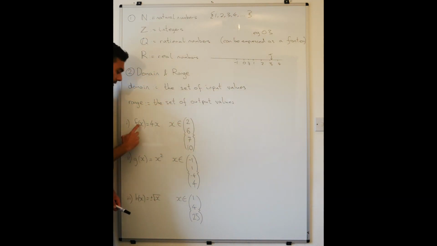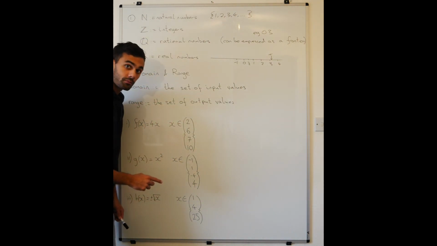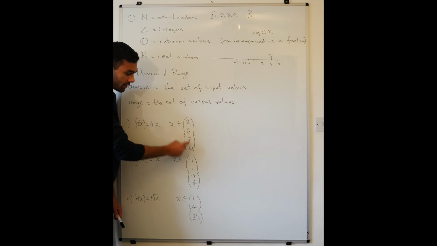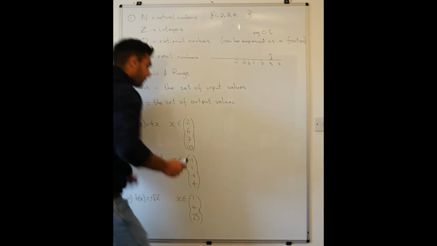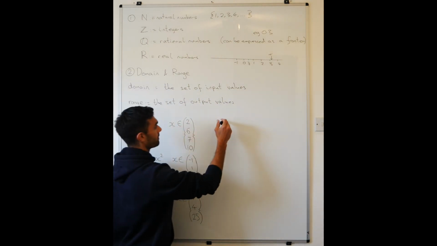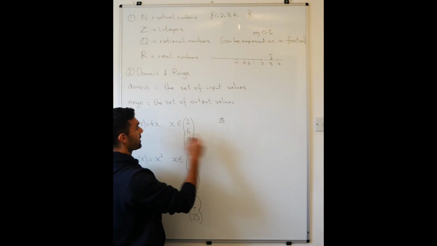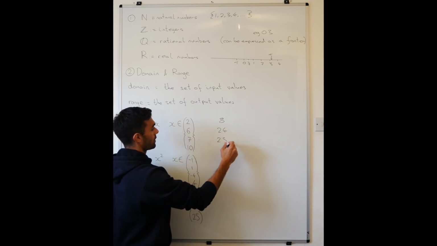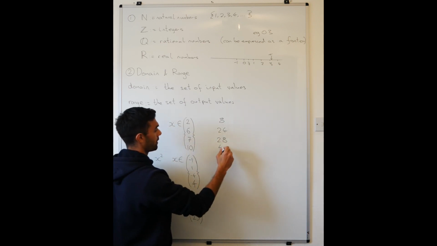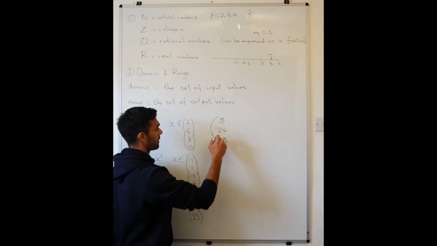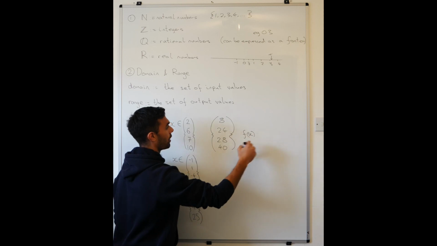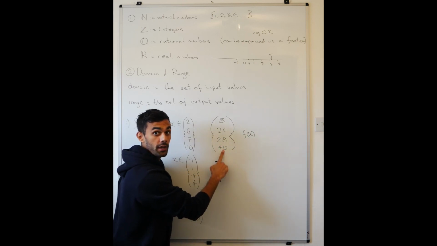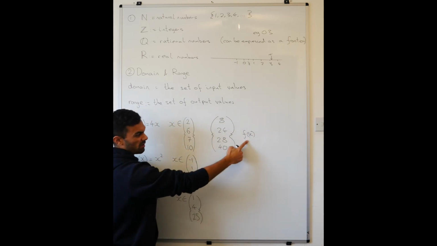So here's our domain for f of x. Now to find the range, we simply take each number and put it into the function. So 2 goes in, 6 goes to 24, 7 to 28, 10 goes to 40. There we go. So there are 4 numbers in the range, and I'm going to call it f of x.